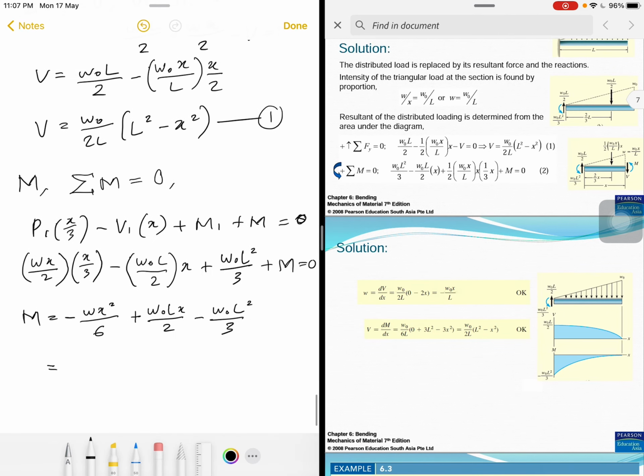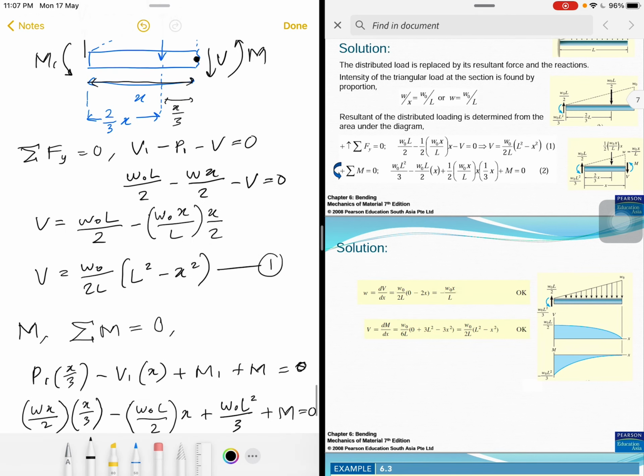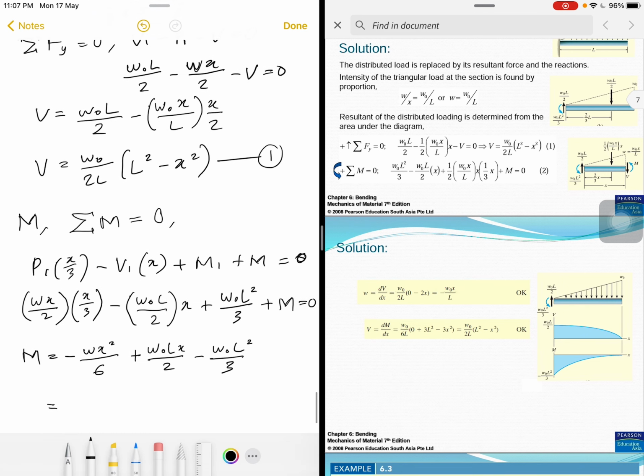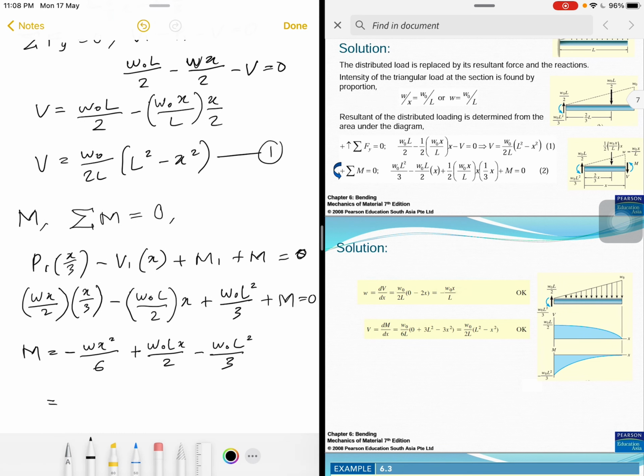Since P1 is in terms of W, we need to replace. Actually, I need to erase.